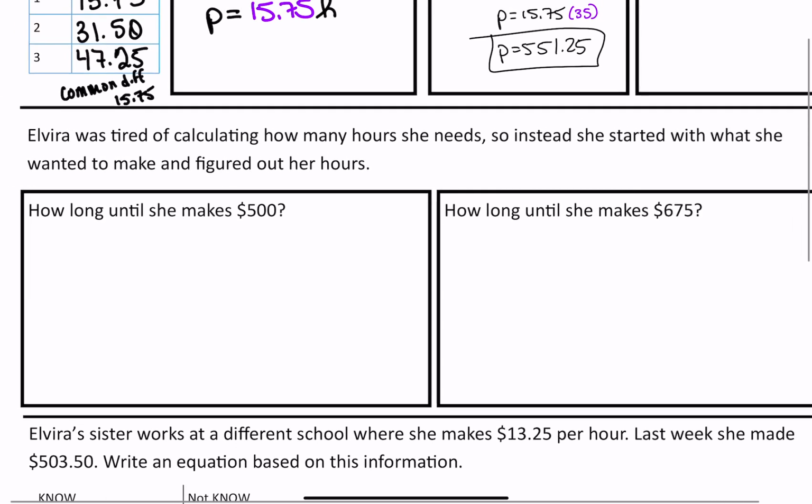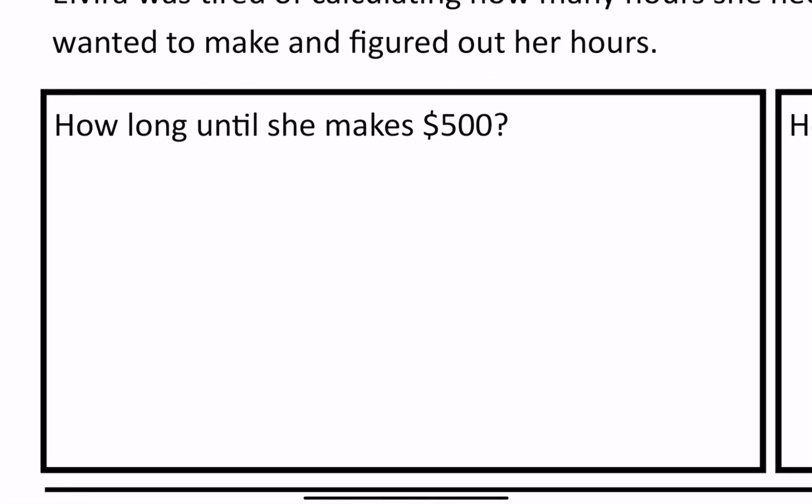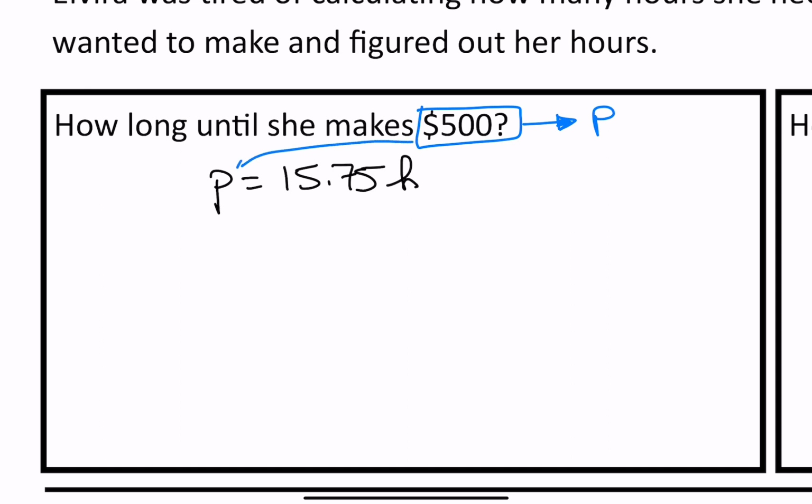So Elvira was tired of calculating how many hours she needed, so instead she started with what she wanted to make and then figured out how many hours to work. So here, once again, we are still using that equation. We're just showing you different ways to plug stuff in. So this 500 represents her pay for P. That means we're going to replace P with 500, but nothing else changes.